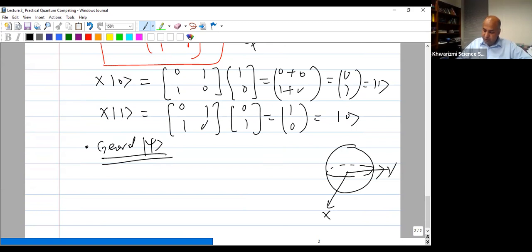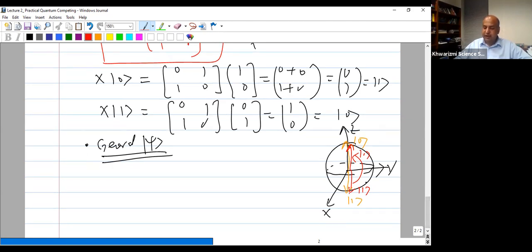If x, y, z are our axes, then state 0 goes to state 1 after Pauli X, and state 1 goes to state 0. So it's sort of a 180-degree rotation, because we move from one side to the other. Even though right now it is hard to specify which axis it rotates around, we can quickly see that.